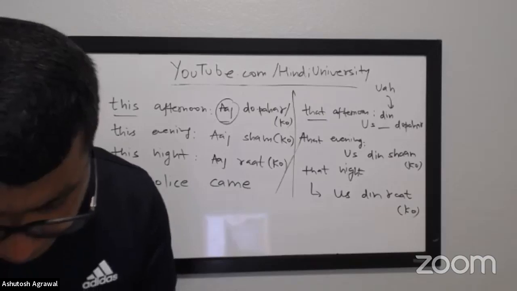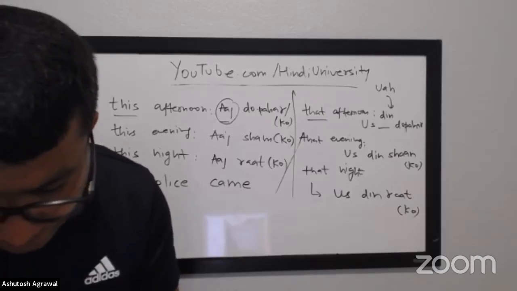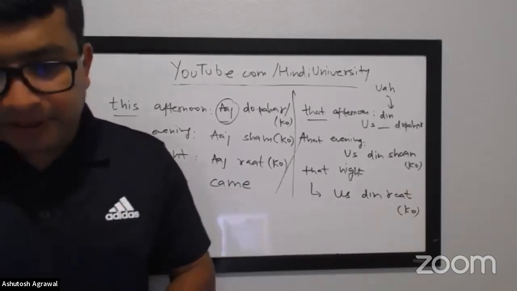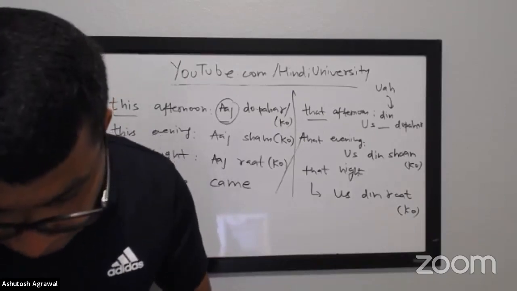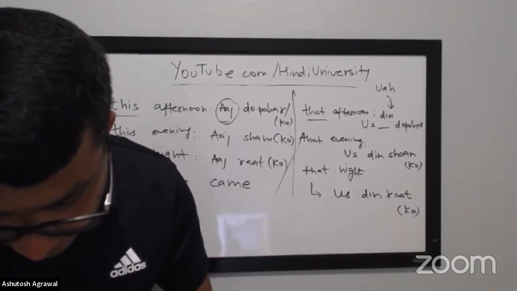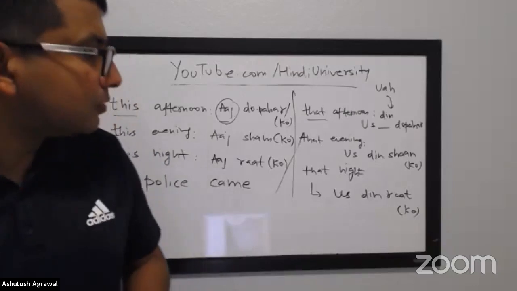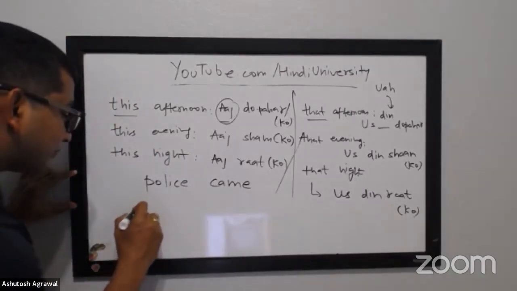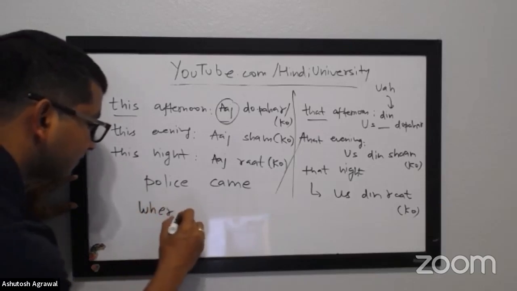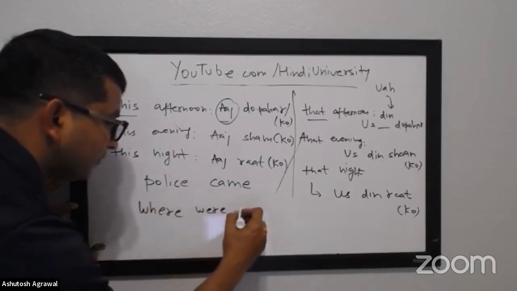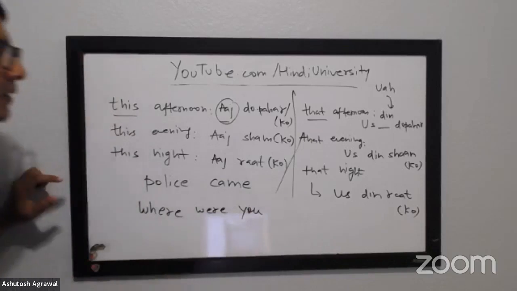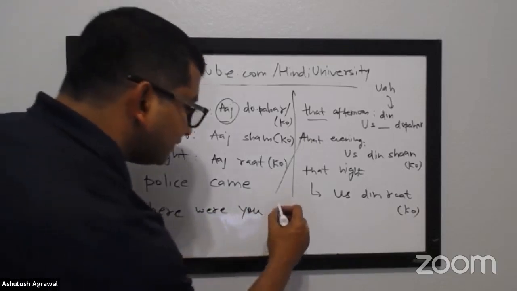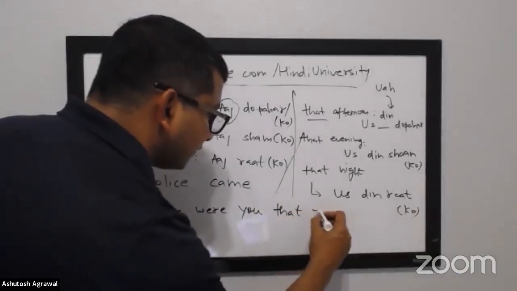You want to ask someone, let's say, okay, where were you? Where were you that evening? I'm going to write it down so that way you get some more time.